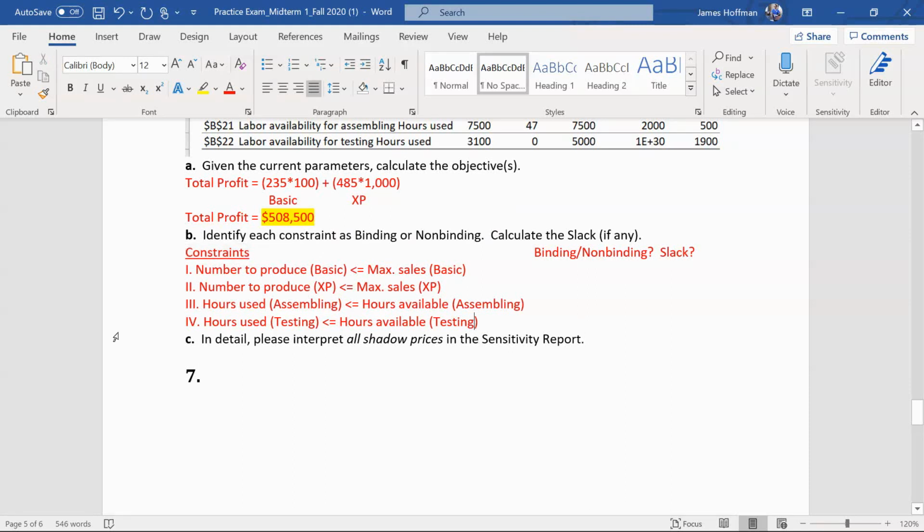Those are the constraints we listed. You can't produce more than your maximum sales for both types, and you can't use more labor than you have available for both types.